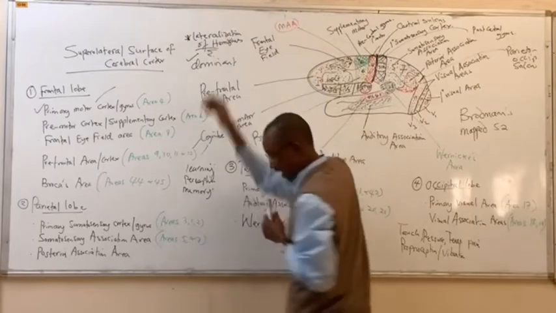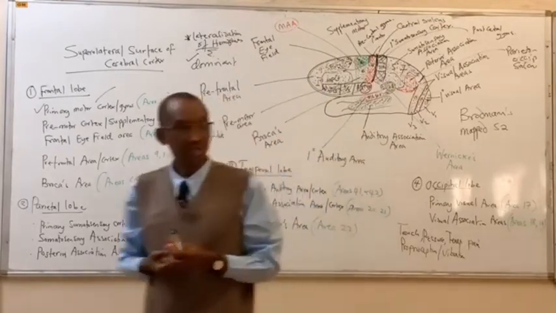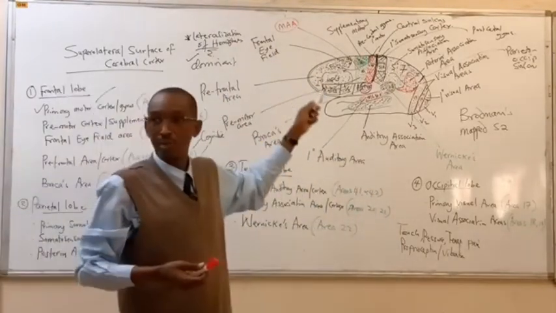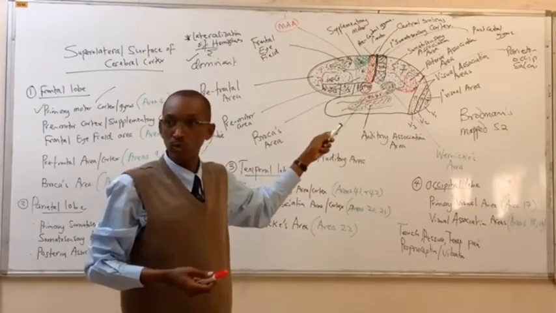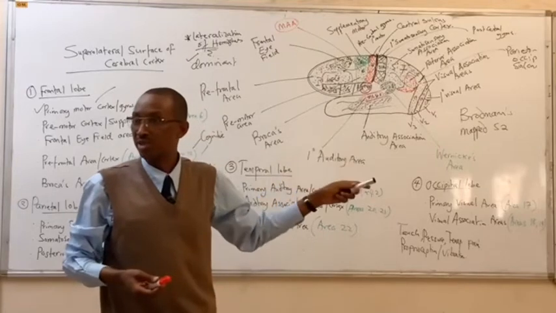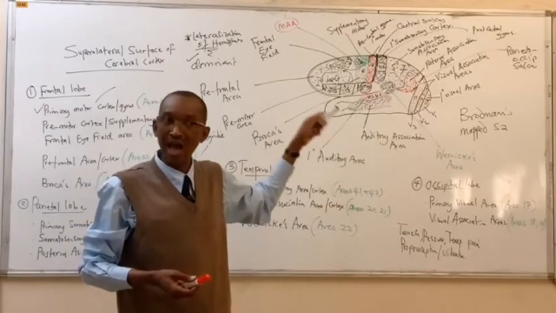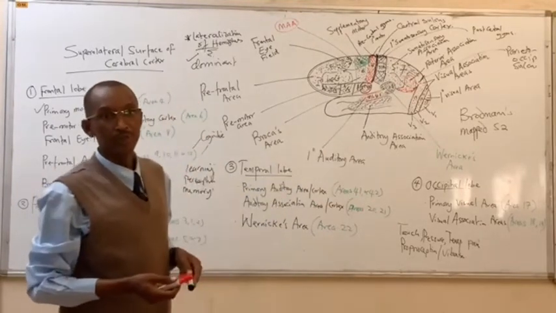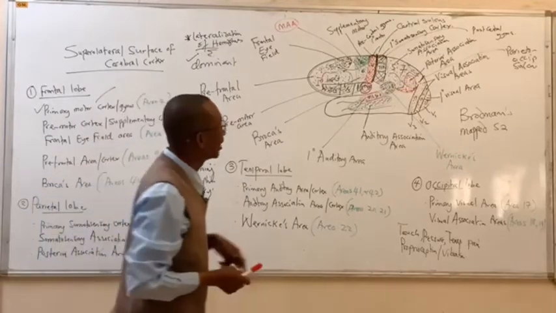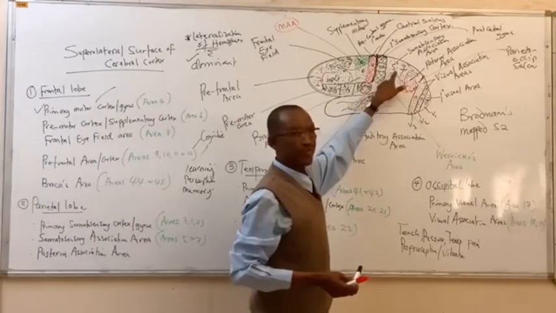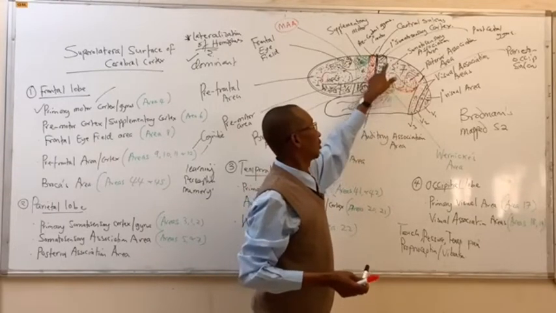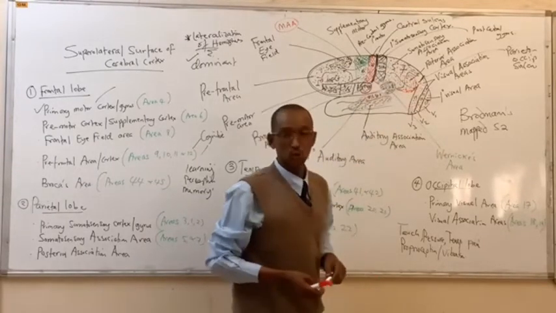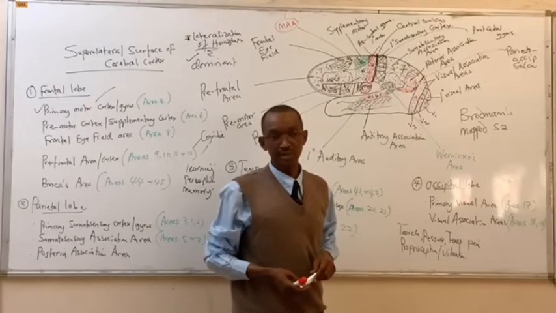So we have the secondary motor cortex, our premotor cortex, consisting of the supplementary motor area and the remaining part of the premotor. Similarly here, areas 5 and 7, plus other areas that we'll discuss later on, constitute our somatosensory association areas.